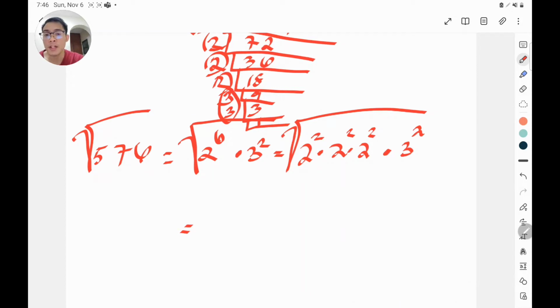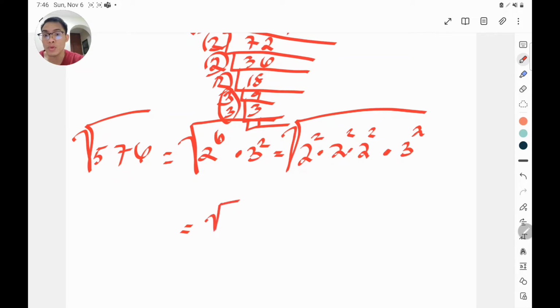From what we studied before, for the radical sign rule, whatever is inside the radical sign can be separated if they are being multiplied by each other. So for example, we have 2 squared times 2 squared times 2 squared times 3 to the power of 2. That means we can separate them individually.